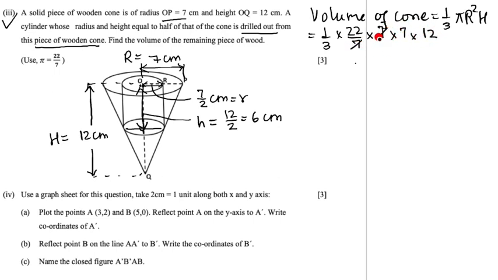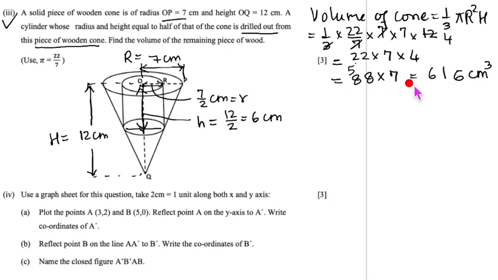So 7 gets cancelled, 3 ones and 3 fours. So you have 22 multiplied by 7 multiplied by 4. Let me make it as 88 into 7. So 7 8s 56, carry 5. 7 8s 56 and 5 is 61. So 616 centimeter cube, that is the volume of the cone.